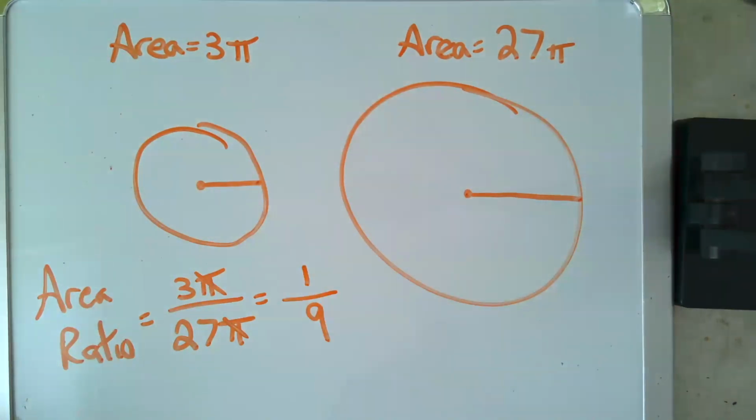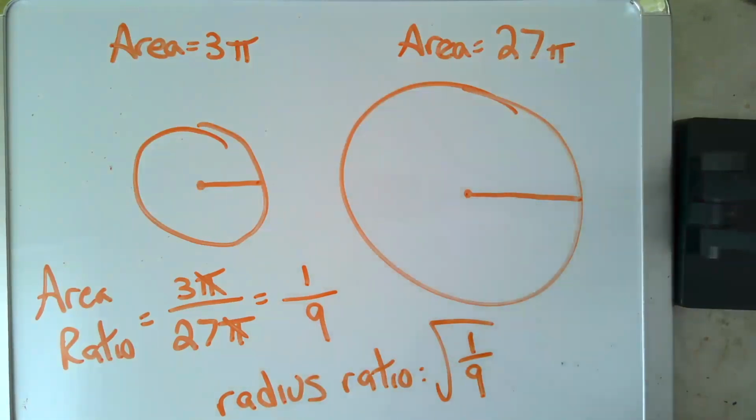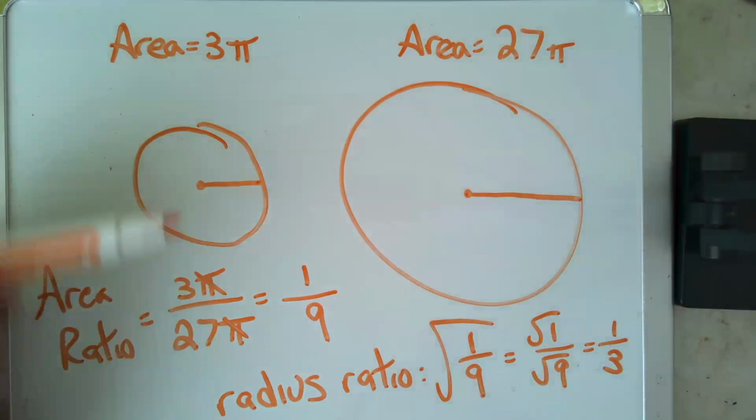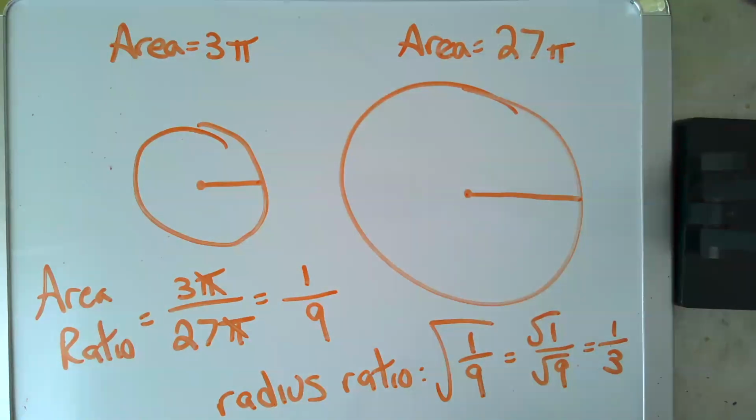My area ratio is 1/9. Now I go in the other direction. So my radius ratio will be the square root of 1/9, square root of 1 over square root of 9. My radius ratio will be 1 to 3. And that's a whole lot easier than figuring out that my radius here is the square root of 3 and my radius here is 3 square root of 3, and so on.